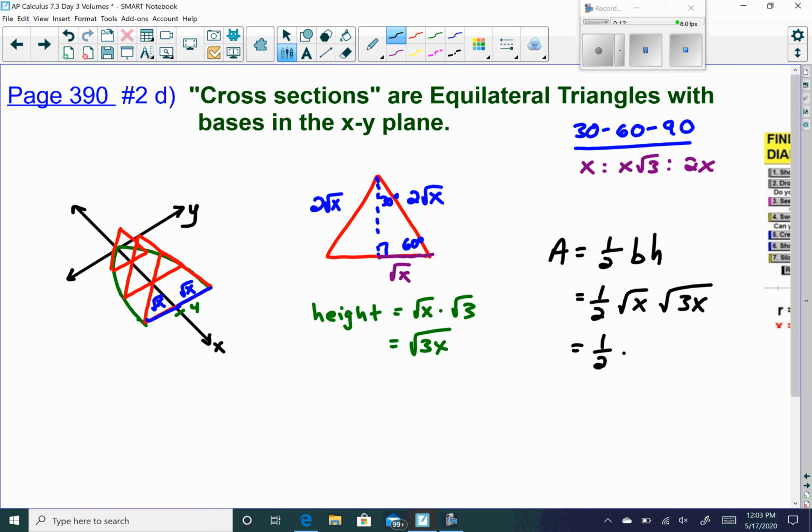So I get 1/2 radical 3x squared. Actually, my base, not the x, is right here. It's actually going to be 1/2 times 2 radical x, because that's my entire base, which is right here. So that's going to be times radical 3x. So now the 1/2 times 2 is going to be gone, and I'm just left with radical 3x, which will just give me x radical 3.